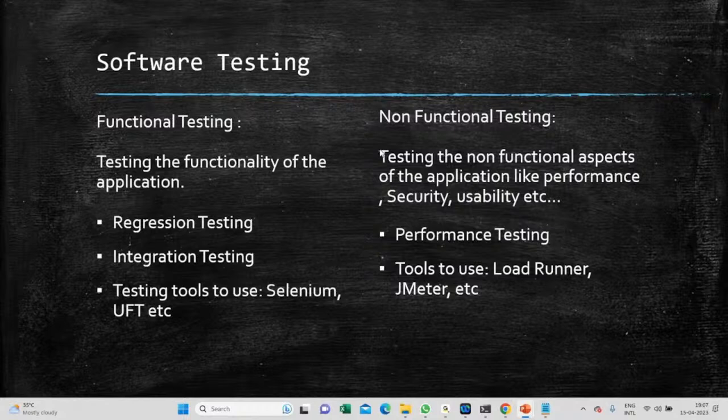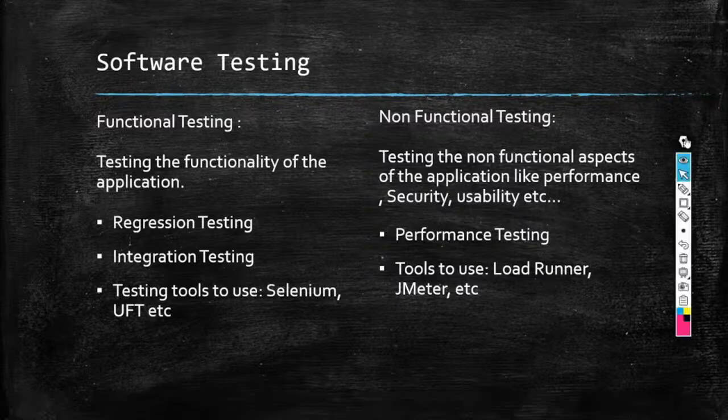Within software testing, you have functional testing and non-functional testing. Functional testing is all about testing the functionality. For example, if I ask you to test a particular application for login, what will you do?